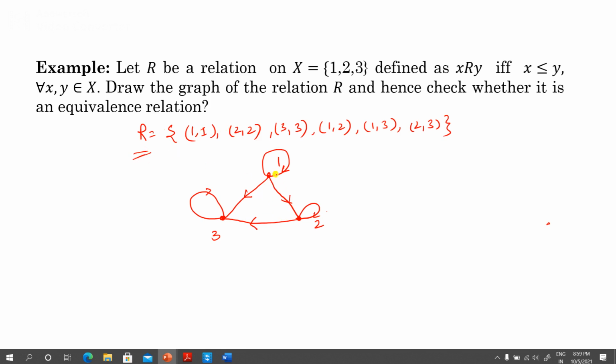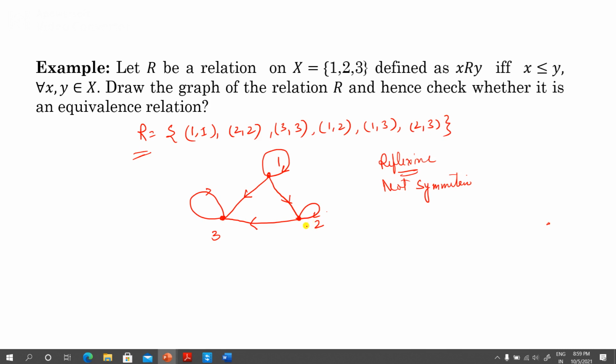Now if you see, for each vertex a self loop is there. That's why it is reflexive, because a self loop is there at every vertex. Now you can see there is an edge from 1 to 2, but no directed edge between 2 and 1. That's why it is not symmetric.